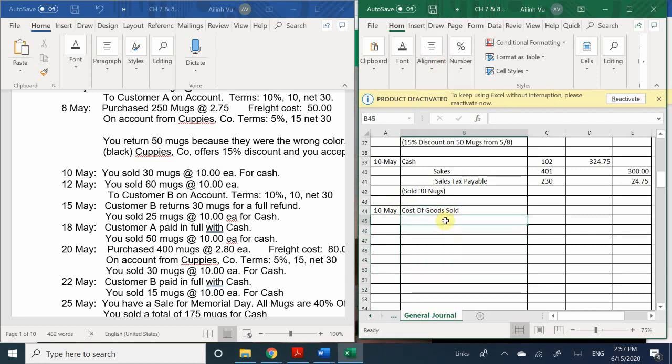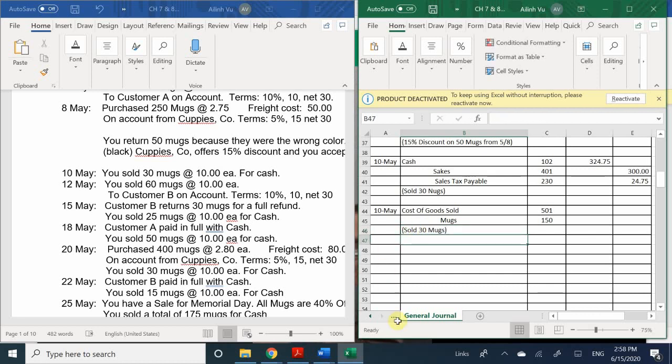So here's our cost of goods sold, and my inventory is going to be mugs. What's the cost account again? 501. And 150. Okay. And here I'm going to write my description, saying I sold 30 mugs.